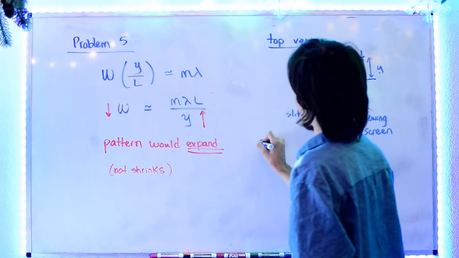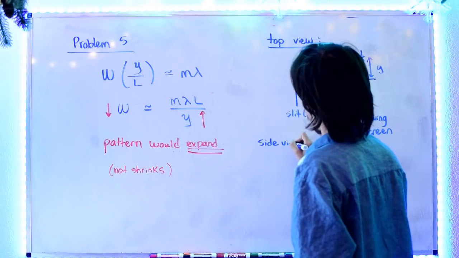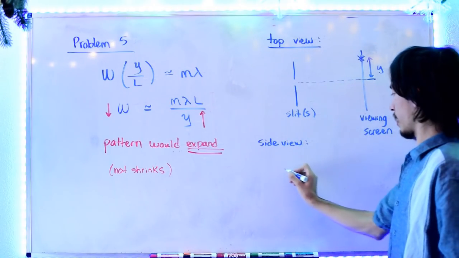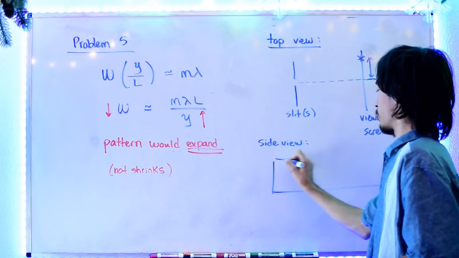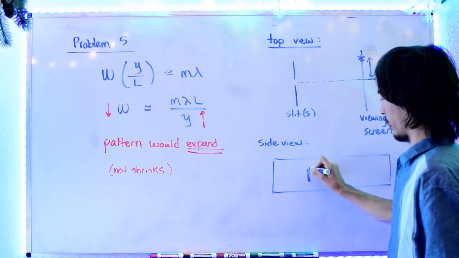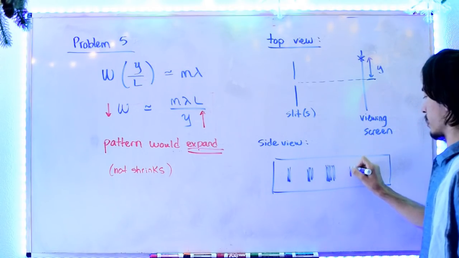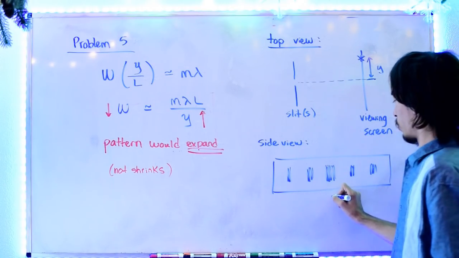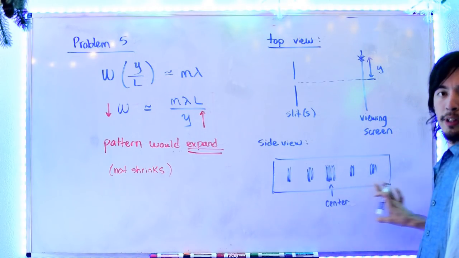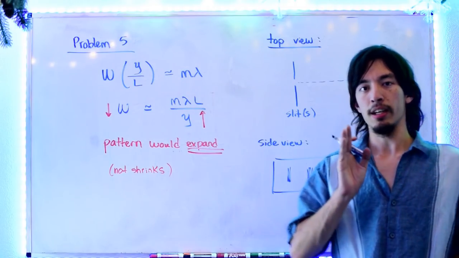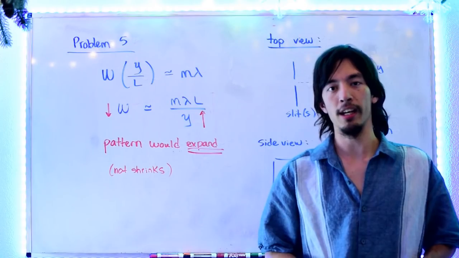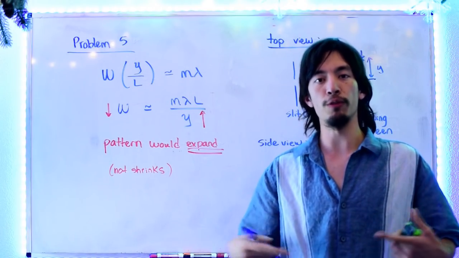But let's say you do a side view. If I show the viewing screen on the side view, I'll see something like this. This is my screen. Here's a bright spot, dark spot, bright spot, dark spot, bright spot, and symmetrical. This one is the center. Let's pretend that where you're sitting is where the slits are, so you can get a feel for this three-dimensionally.